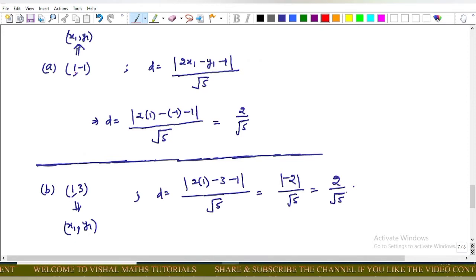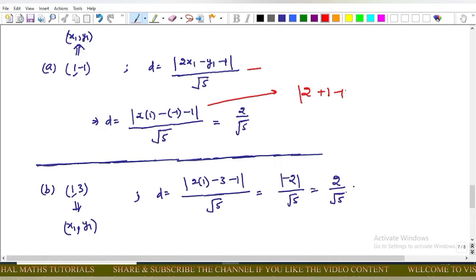For option A, the point is 1 comma minus 1, say x1 comma y1, and we have the distance formula. Now simply put in the x1, y1 values: d equals mod of 2 into 1 minus minus 1 minus 1 upon square root of 5, which equals mod of 2 plus 1 minus 1 upon root 5.